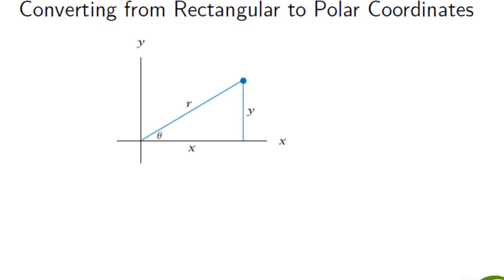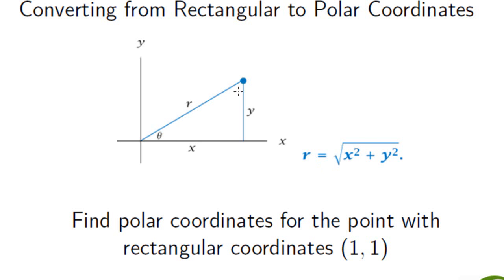Well, we know that this r distance is nothing more than the distance between the origin, 0, 0, and this point, which is the square root of x2 minus x1 quantity squared plus y2 minus y1 quantity squared. But since I'm dealing with the origin, those values are 0. So r is equivalent to the square root of x squared plus y squared, and that's going to give me that hypotenuse length.